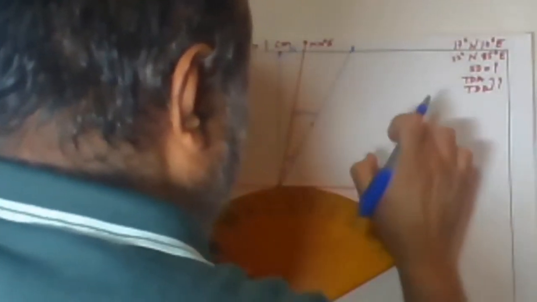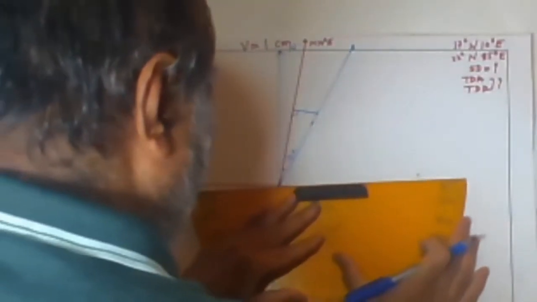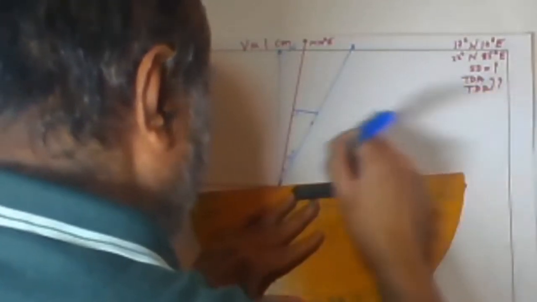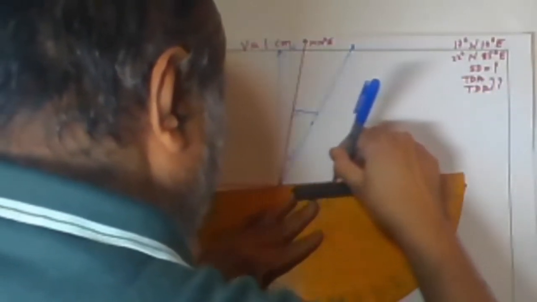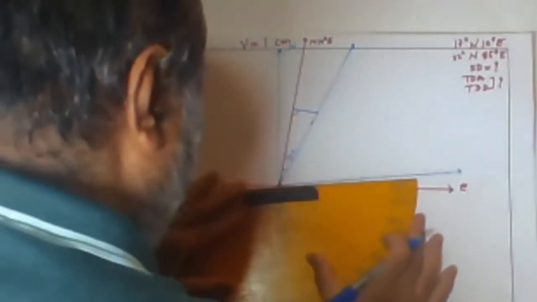We'll come down from there, because if you go here, there will be a lot of lines and it will be confusing. Now measure 22 degrees: 10, 20, and 22.